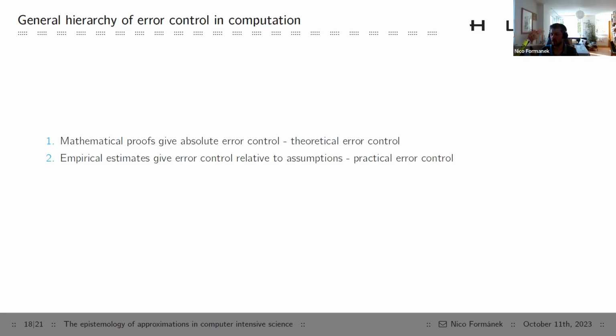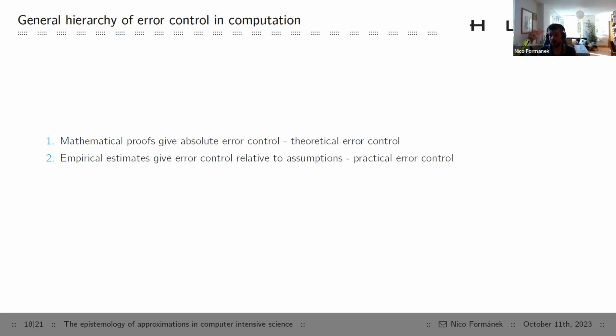So we can turn the knob, and our error will go down, and it's mathematically guaranteed that it will do that. I'll just call this theoretical error control for the time being. And the second element of this hierarchy, the lower one, are these empirical estimates, and they only give error control relative to their assumptions, which I call practical error control.